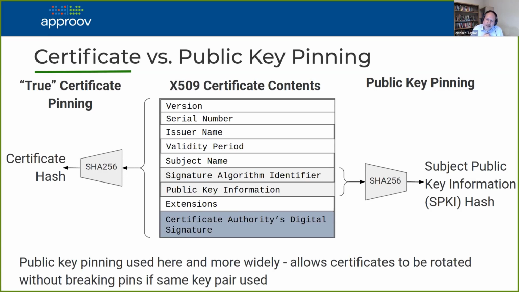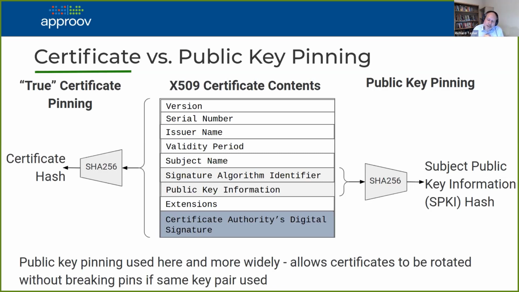And you can take the entire certificate content and you can produce a hash of that. So basically you're looking to see that that particular certificate is being presented by seeing this unique hash value. A hash takes all the content and generates a much smaller number, which is difficult to fake.